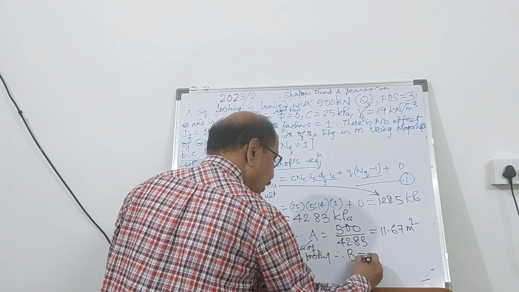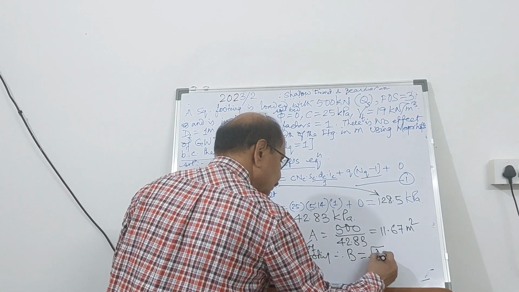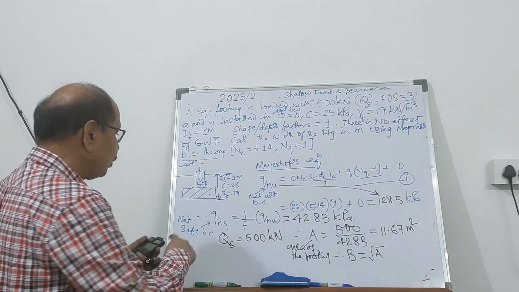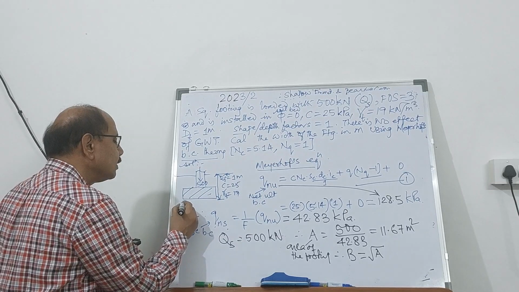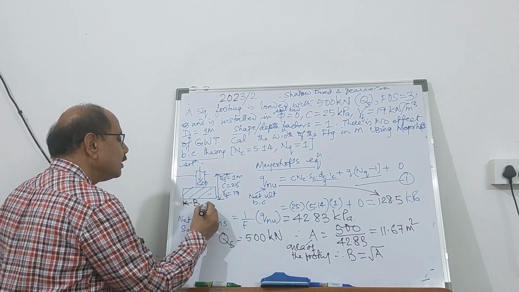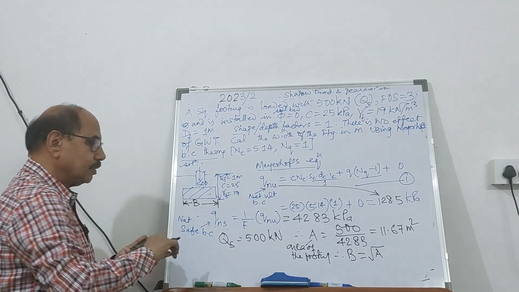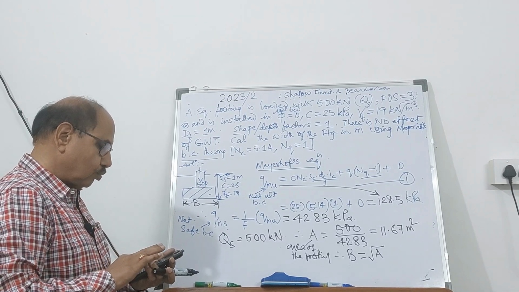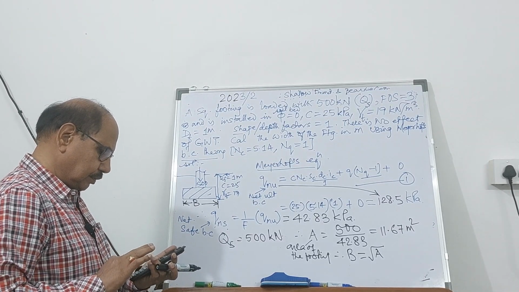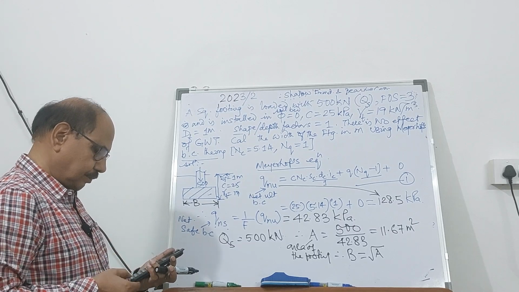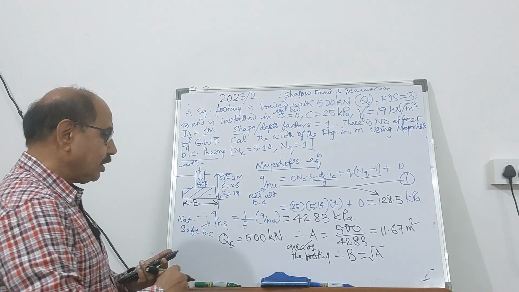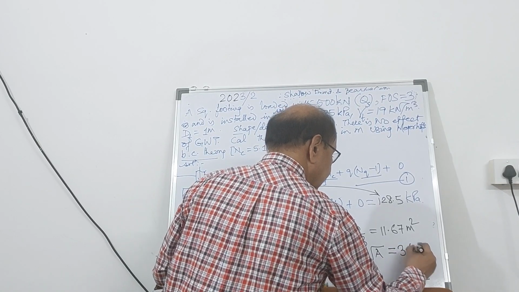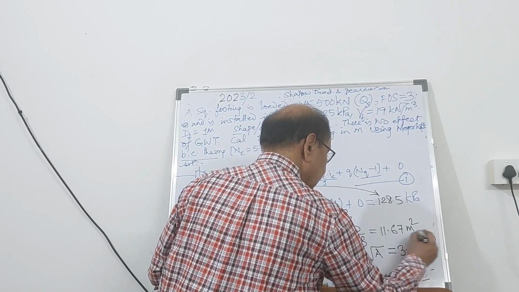Therefore, for a square footing, it will be the square root of area. Therefore, the width of the footing B in meter, we can calculate it. So, root of 11.67 gives me 3.41 meter.